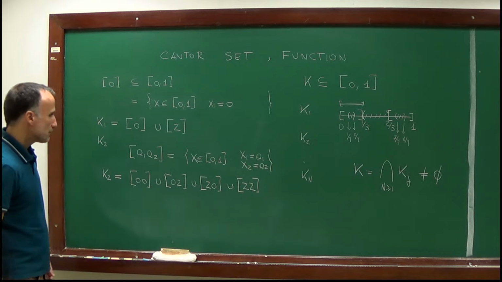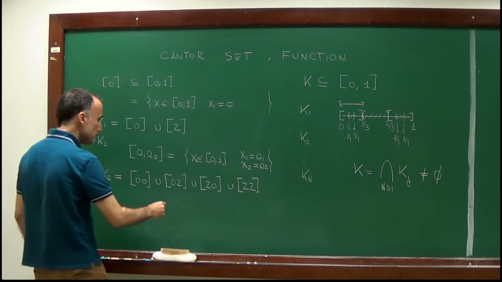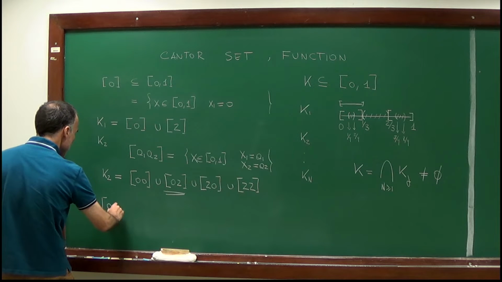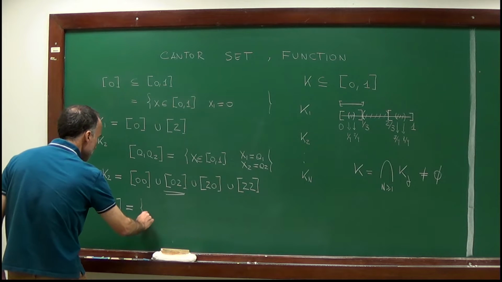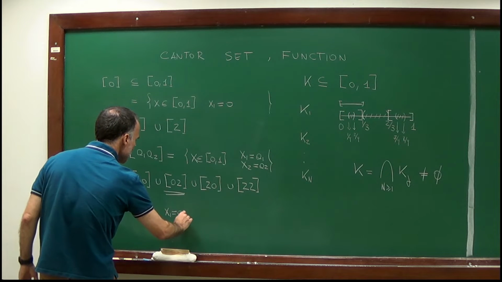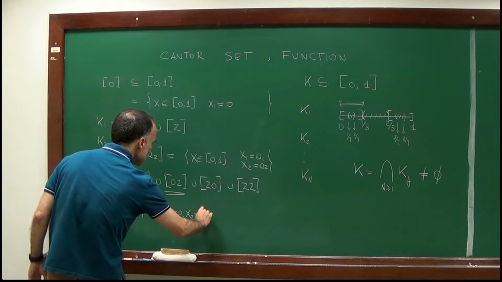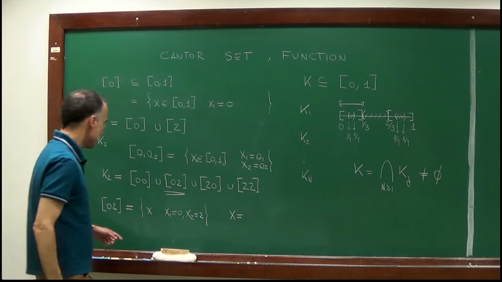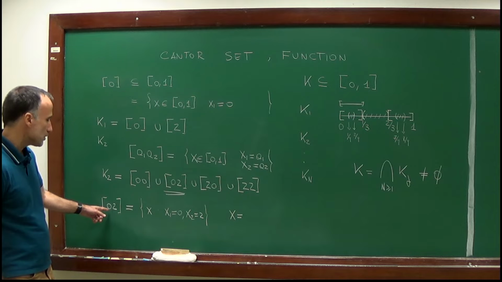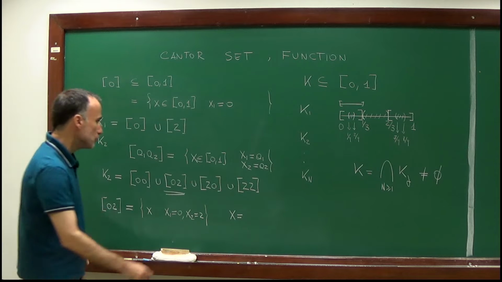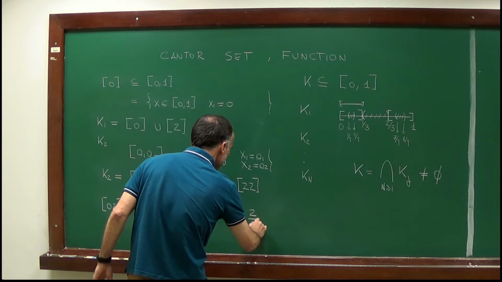Just to convince you of this identity, let me see what the set bracket 0, 2 is. This is the set of points x in the interval [0, 1] such that in the expansion x1 is equal to 0 and x2 is equal to 2. So x, in the expansion, has first digit 0, so it's 0 divided by 3, which I will not write. Then 2 divided by 9.